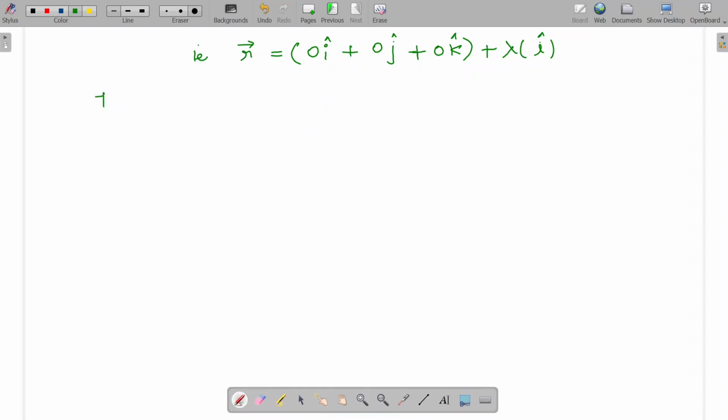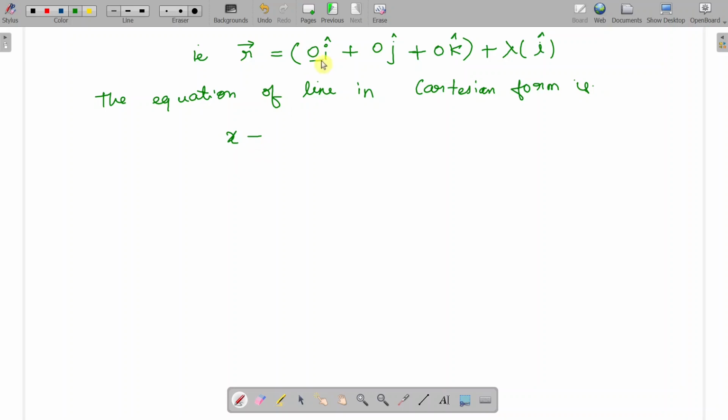Now the equation in the Cartesian form, let us write the equation of line in Cartesian form is, so how to write it?